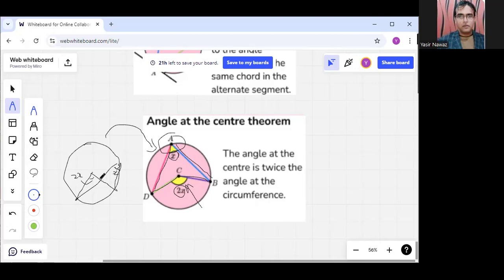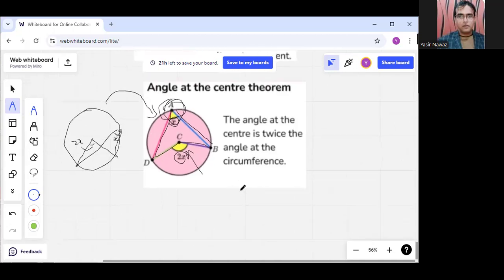It looks a little confusing maybe, because here the point A is clear, and when this point suddenly comes to another position, it looks a little different than the previous one.